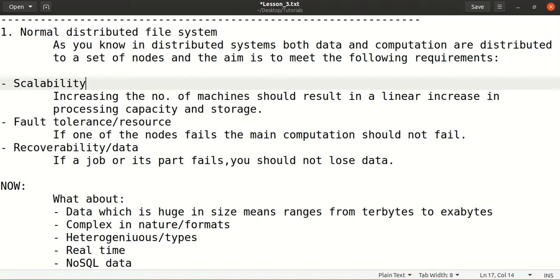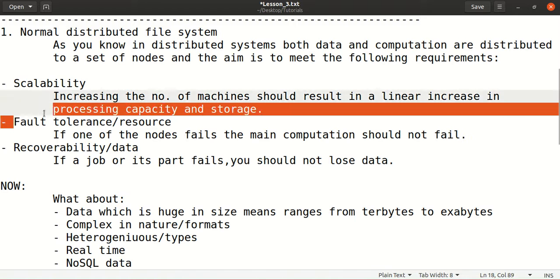Or maybe the computation is very complex, or the application we need to process the data is not installed on the local computer. So the local computer sends the data to the server, all the computation is done on the server, and the result is sent back to the client.